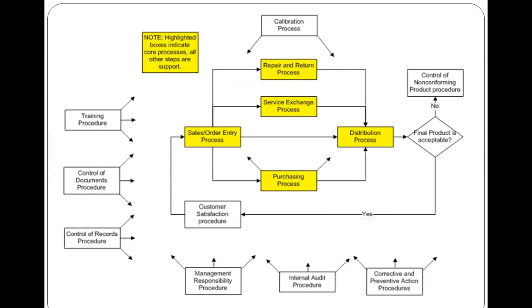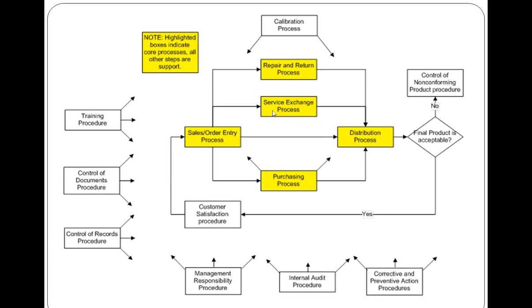This particular model identifies support processes by way of exemption, and it tells us that these 5 highlighted items, these are the core processes, and if it's not highlighted, it's to be considered support. So the other thing I really like about this example is you'll note the unique nature of the process names here.